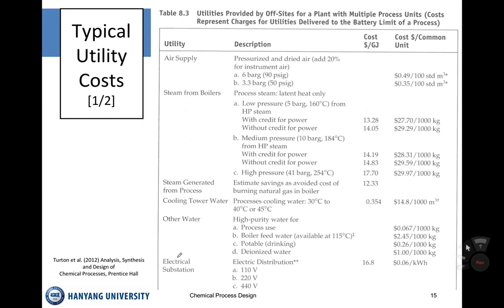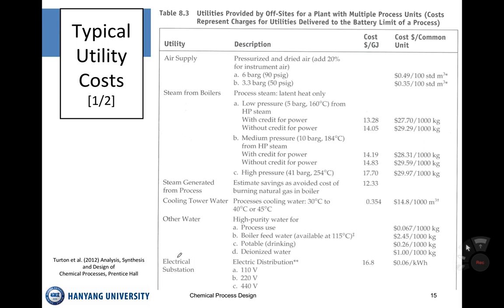This table shows the typical range of cost for the utilities. This is not the only reference you can use. There are other suggestions and guidelines for utility cost, but I'm showing one of them as an illustration. Different utilities are used. I explain the key utilities used in industry today: refrigeration, cooling water and steam.